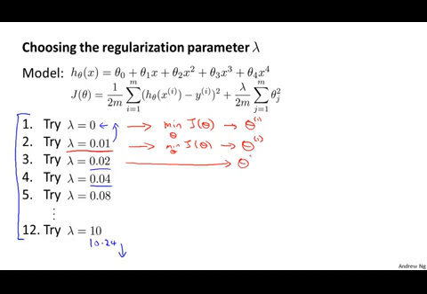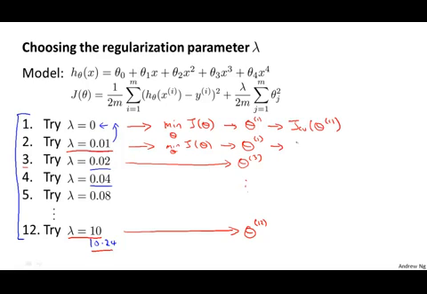And for my third model I end up with theta 3, and so on, until for my final model with lambda set to 10, or 10.24, I end up with this theta 12. Next, I can take all of these hypotheses, or all of these parameters, and use my cross-validation set to evaluate them.